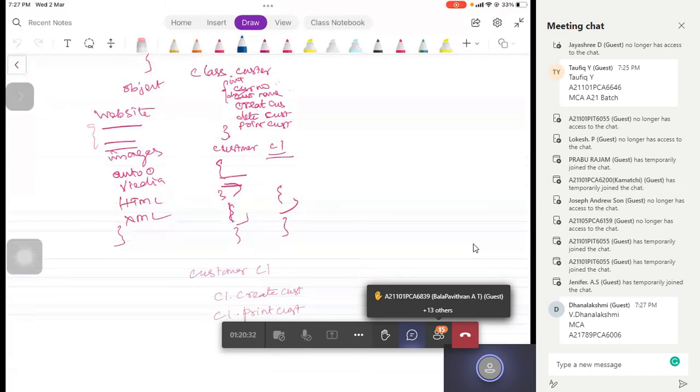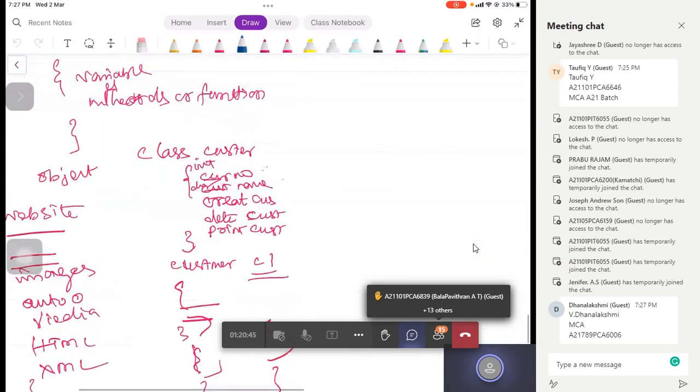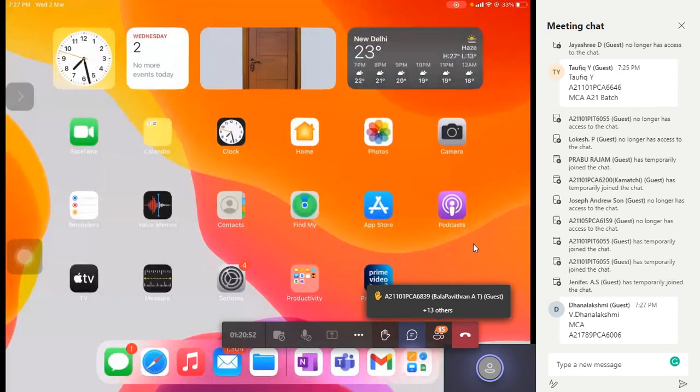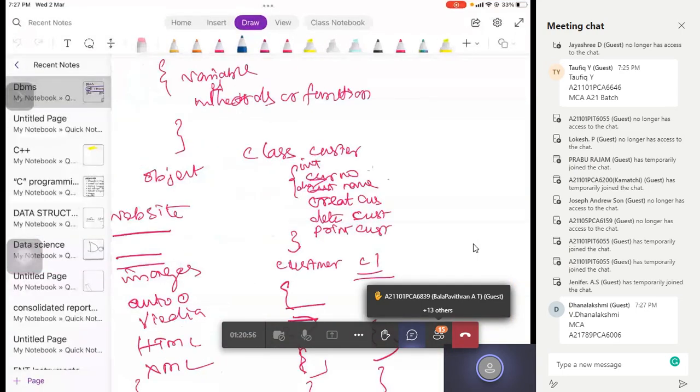By an instance of the object. Customer C1 is an instance. C1 dot create customer, print customer means it will automatically activate the function we have declared in the class. You may know that, isn't it? Okay. Now you understood the different types.